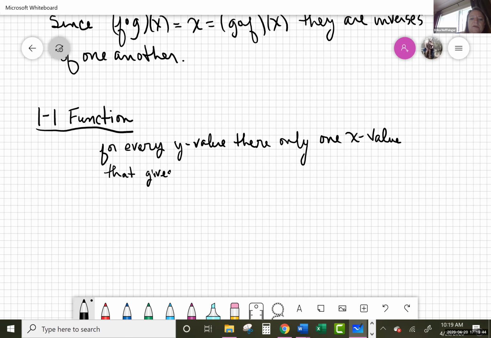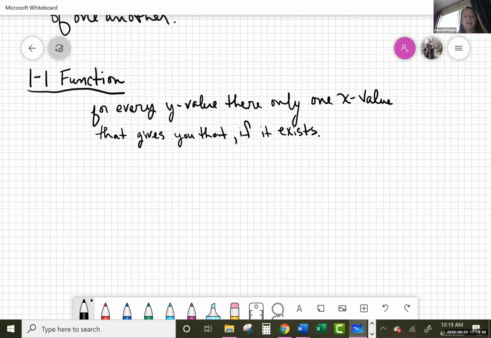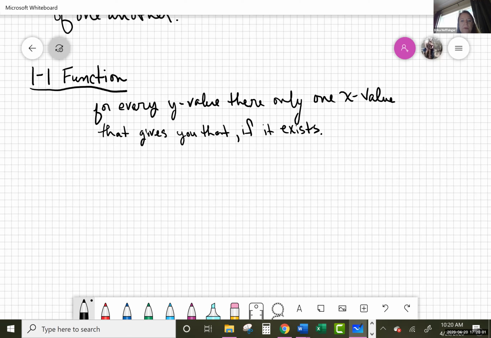That gives you that, if it exists, because there are some y values you never hit on your graph. And then sometimes your x is not in your domain, so we wouldn't even look at that. And so here you can use the horizontal line test.